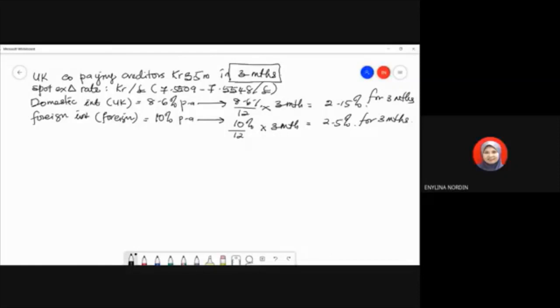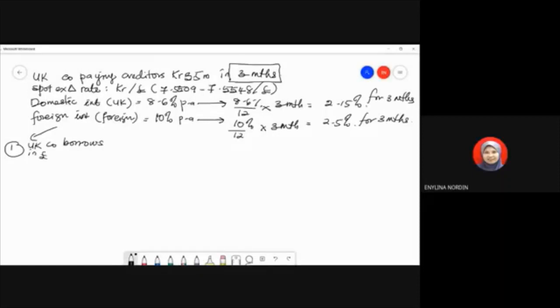So how can it be done? Firstly, the principle of the money market hedge in the payment case, where payment is going to be made in foreign currency: the UK company borrows in pounds.